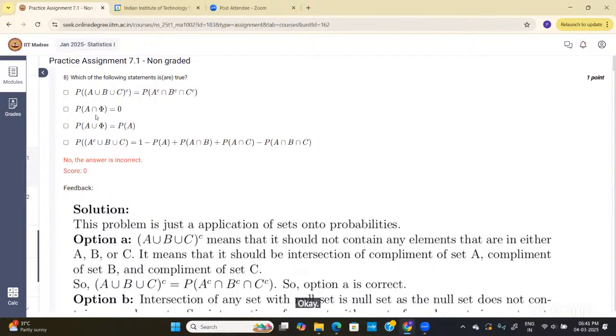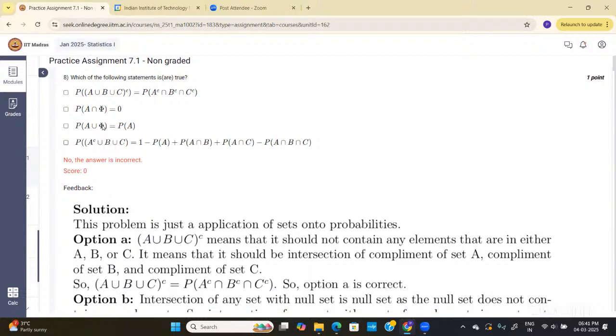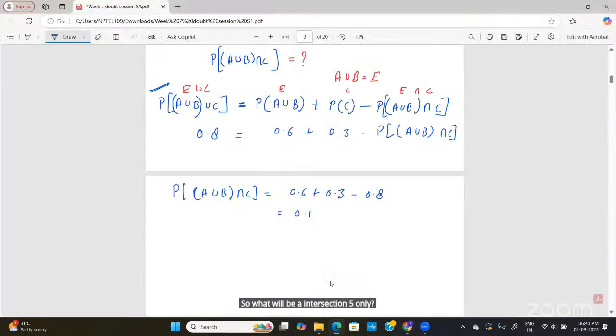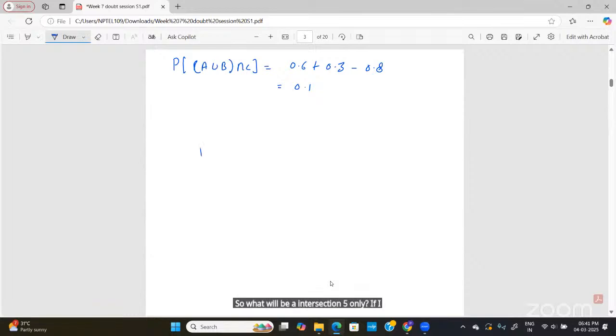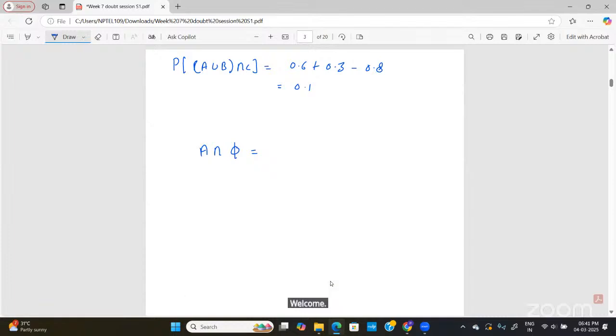Now, next option is that probability of A intersection phi is equal to 0. So, what will be A intersection phi only? If I talk about this set only, what will be this value? Suppose A is any set and phi is the null set.